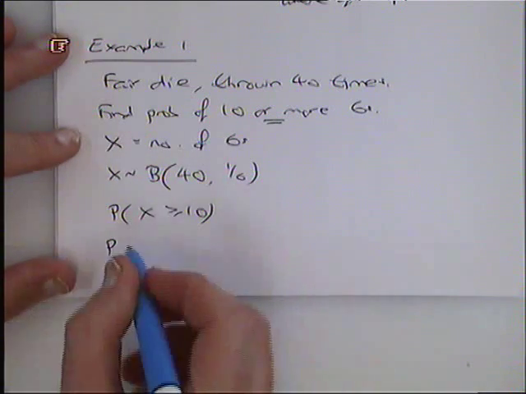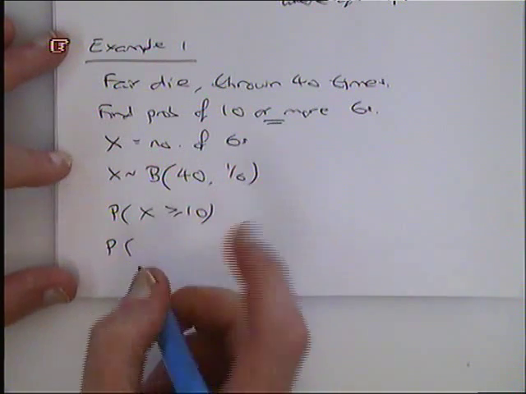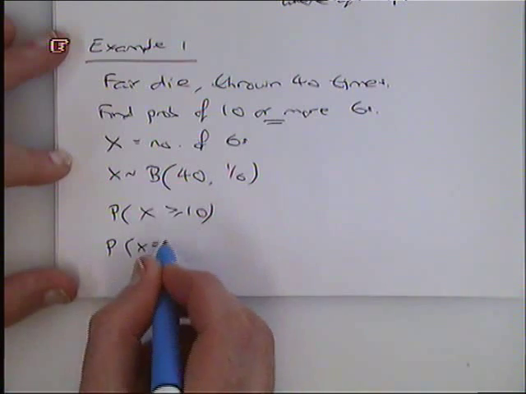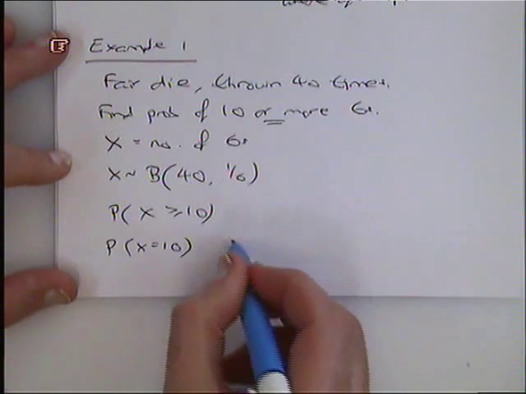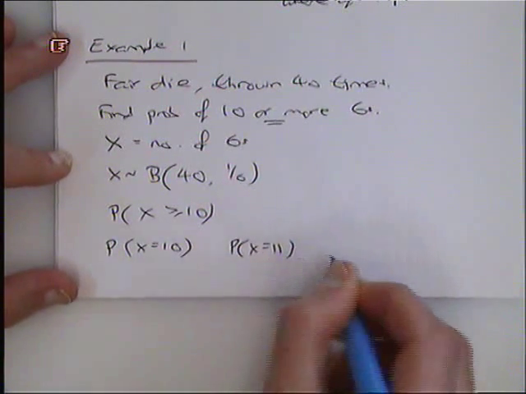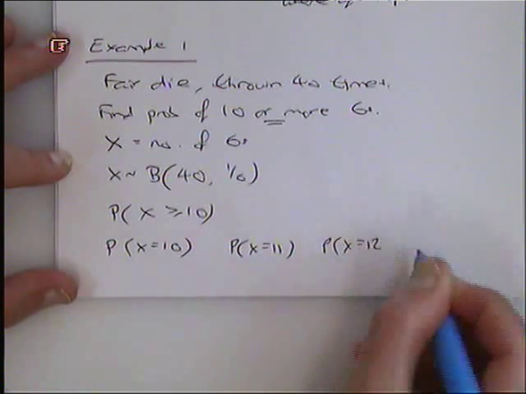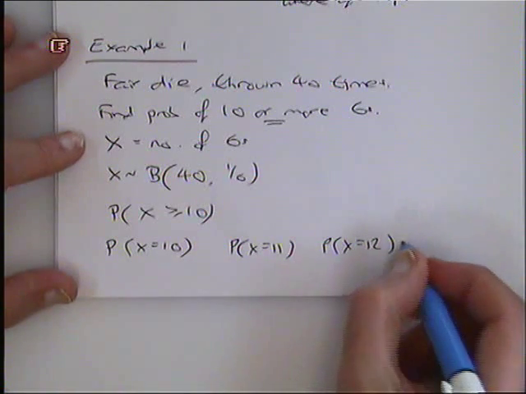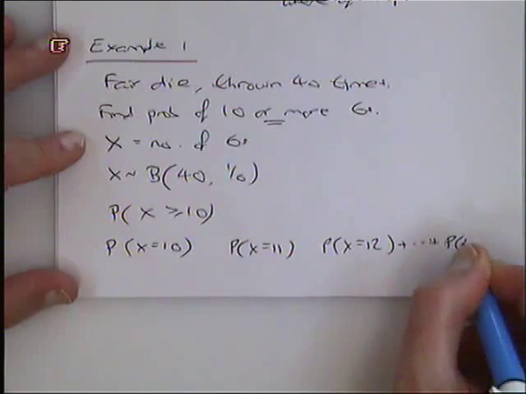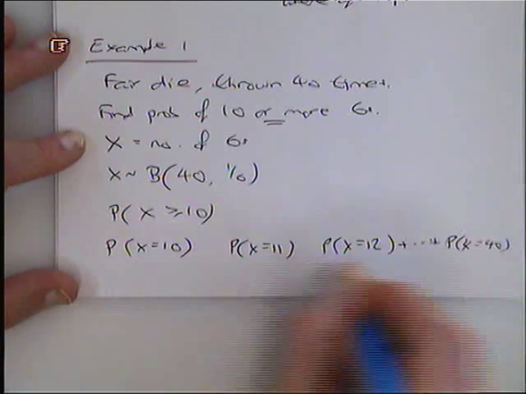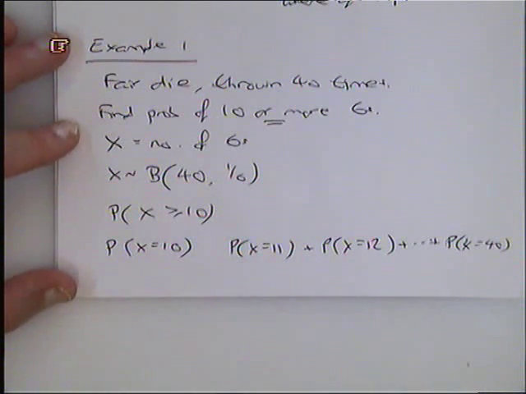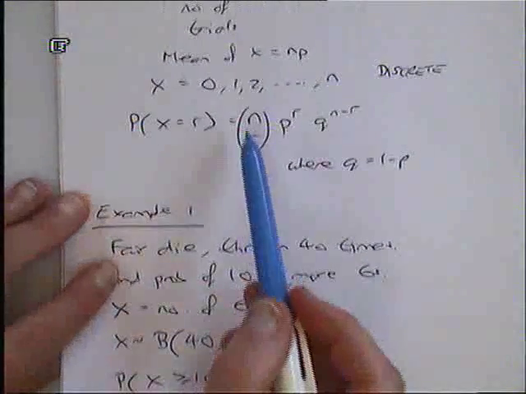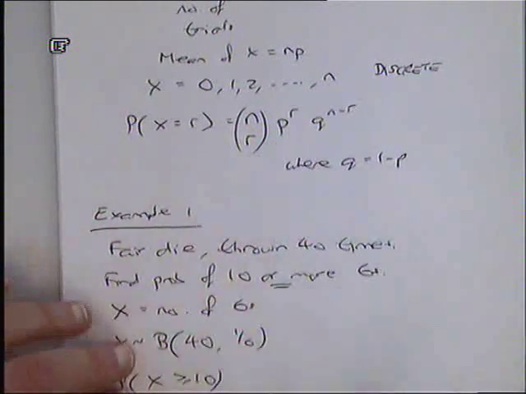I'll come to that one in a minute, okay? If you are not as intelligent as our last answerer, you would do the probability it's 10, the probability it's 11, the probability it's 12. That is definitely when you would start crying. And then you would go up to the probability that it's 40, and you would add them all up. And each time you were doing that, you would be doing this calculation here.